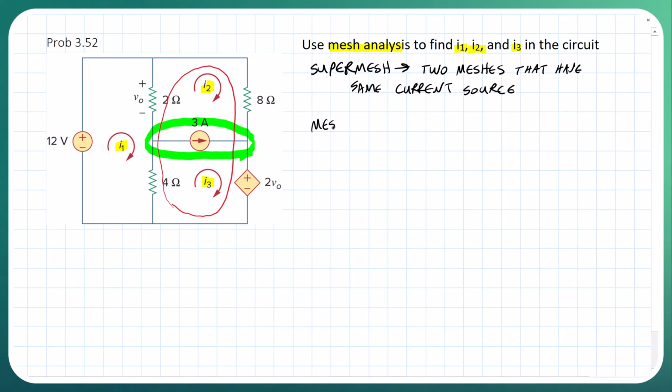So I'm just going to say mesh 1. Okay, and I'm just going to go around the loop here. So first resistor I have up here is 2 ohms.